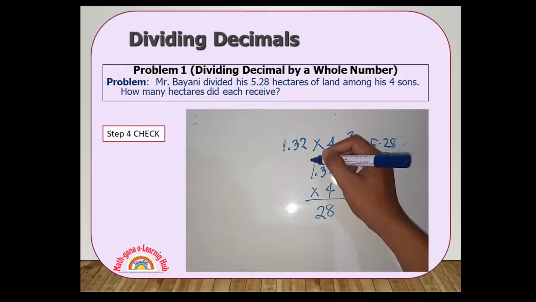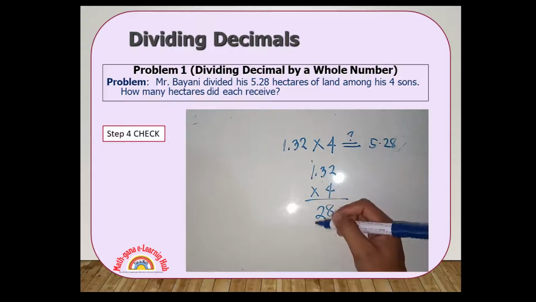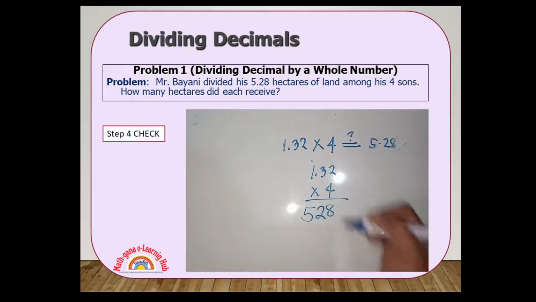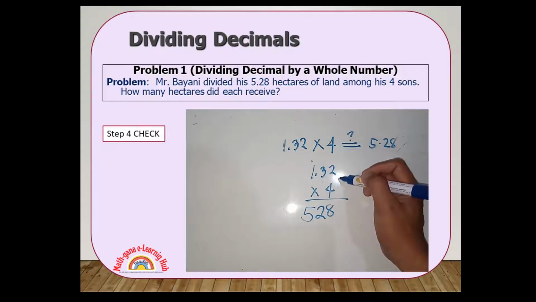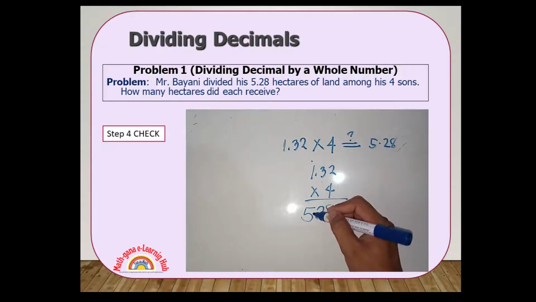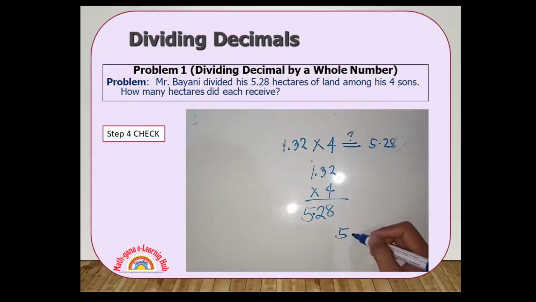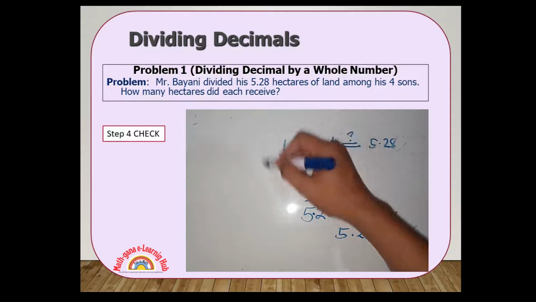Bring down 2, carry 1. 1 times 4, 4 plus 1 equals 5. How many decimal places do we have in our factors? 1, 2. So it's here. So the answer is 5 and 28 hundredths. Therefore, 5 and 28 hundredths is equal to 5 and 28 hundredths. So our answer is correct.